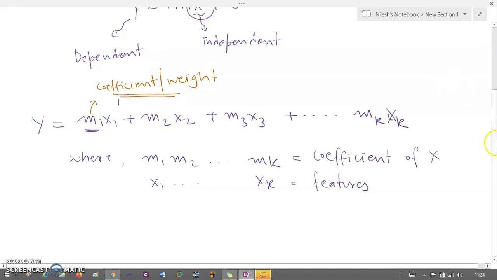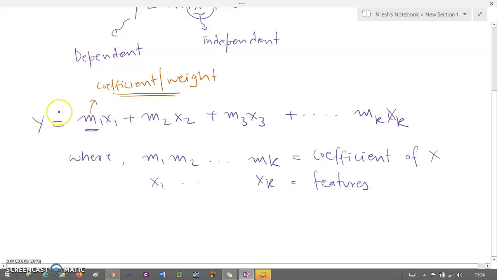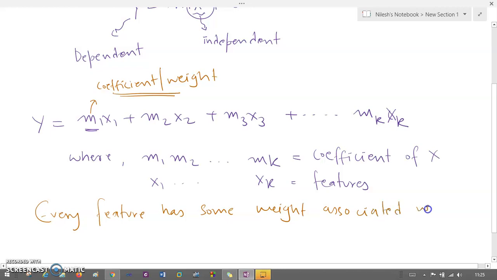You getting it? Every feature inside this data set has some coefficient, and let me write it as the weight associated with it. This is important. Every feature has some weight.